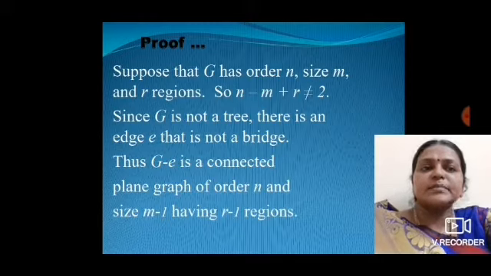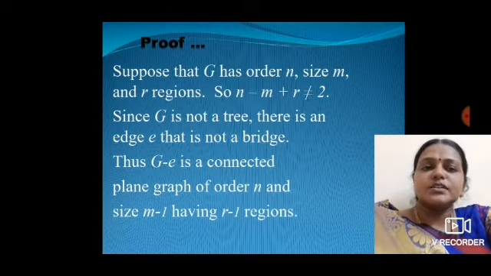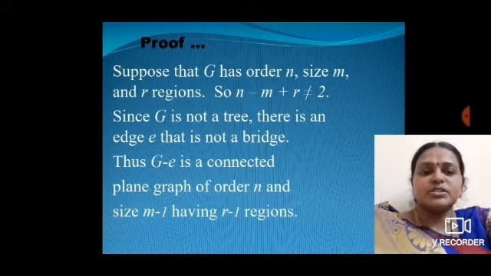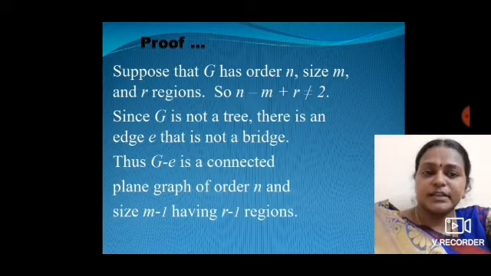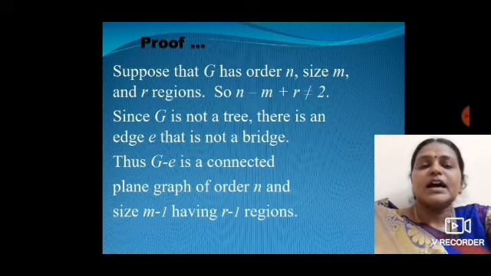So n minus m plus r is not equal to 2 because we have assumed the contrary. Since G is not a tree, there is an edge e that is not a bridge. Thus, G minus e is a connected plane graph of order n and size m minus 1 having r minus 1 regions.